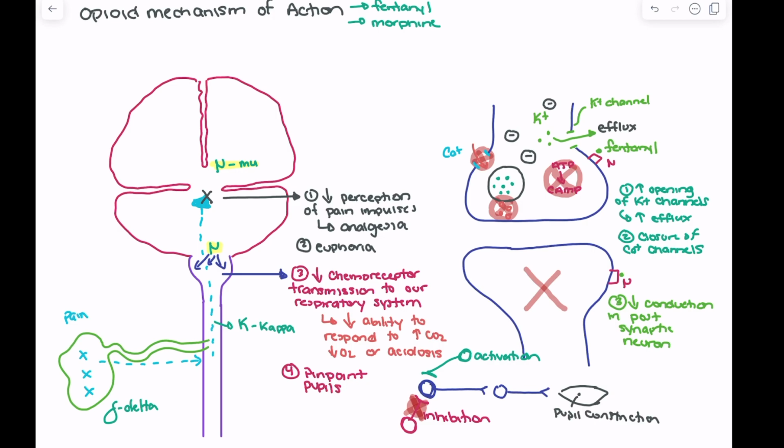So when we're looking at our opioids, we know typically they're binding to our mu receptors within the central nervous system and the cortical and subcortical regions of the brain. What they're going to do is promote efflux of potassium and hyperpolarize the cell while preventing calcium influx, because we've inhibited adenylate cyclase's ability to convert ATP to cyclic AMP.